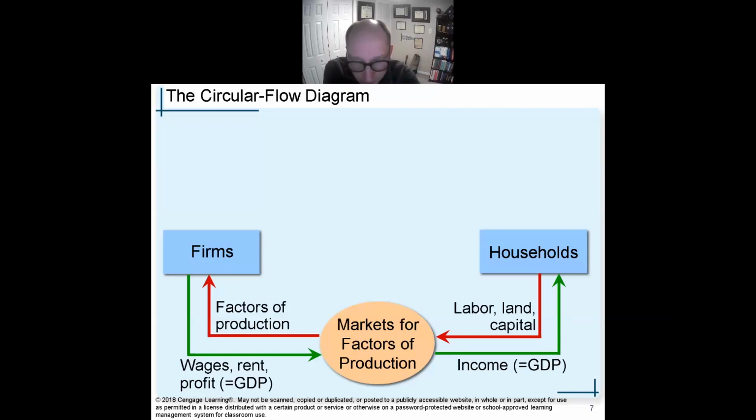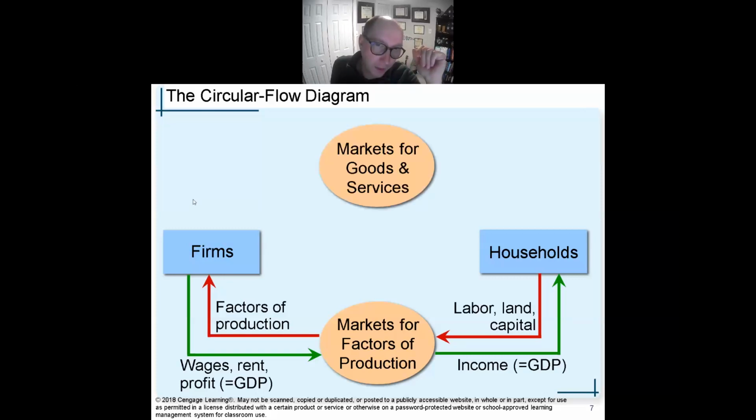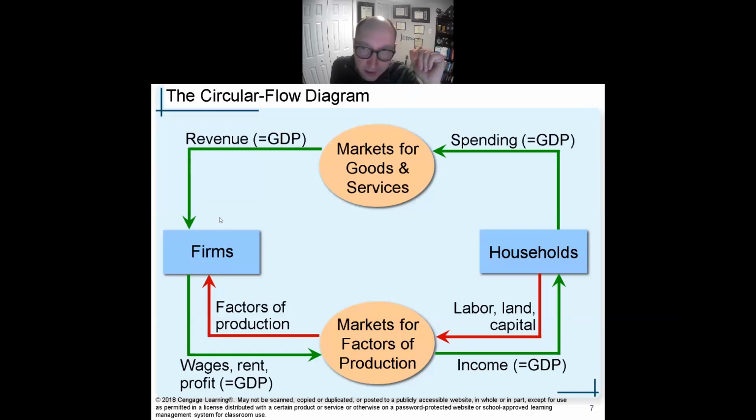But also the income that the households earn from working at the companies is also a part of gross domestic product. We're not done yet. Earlier I had said that people living in the households work for the companies. The companies provide the people living in the households with their income.